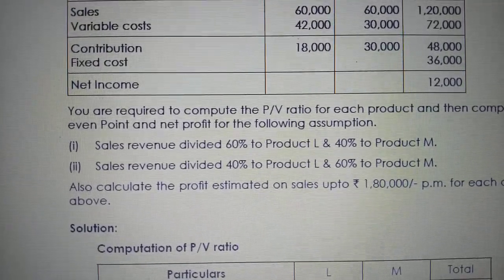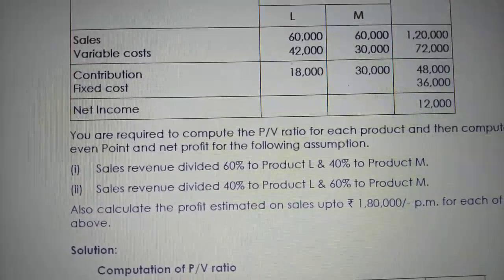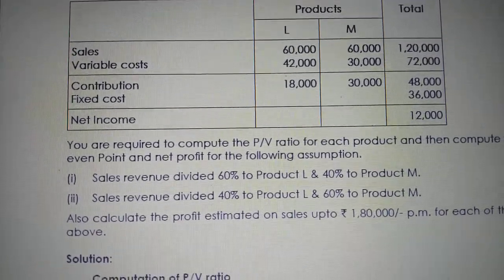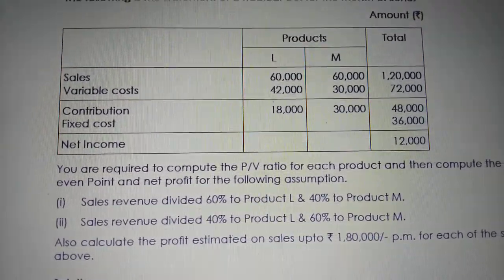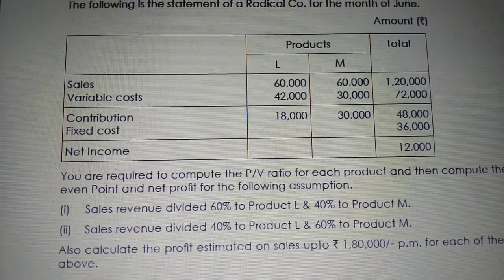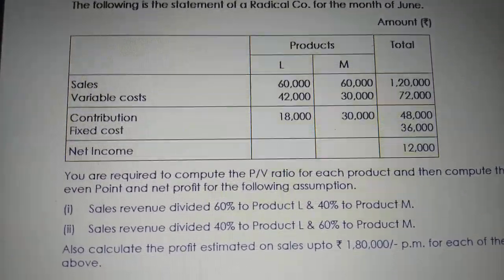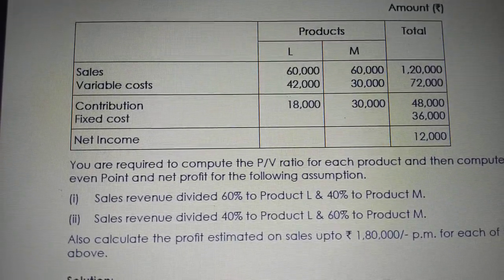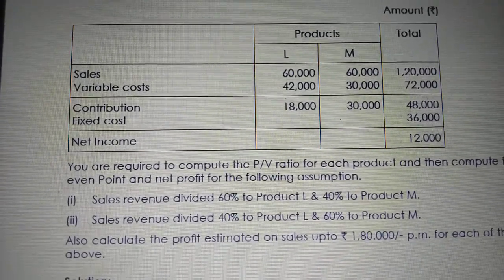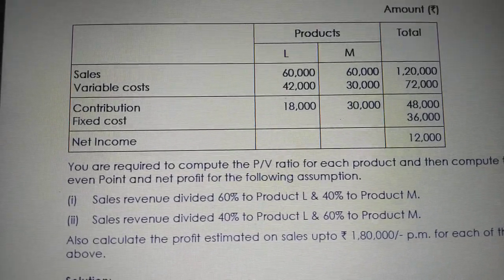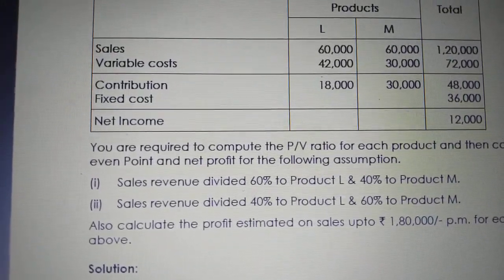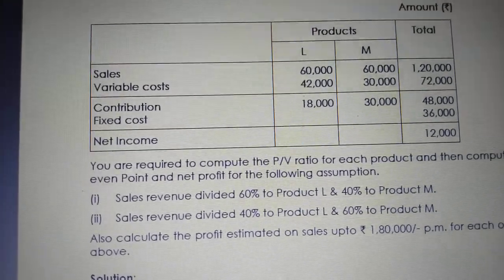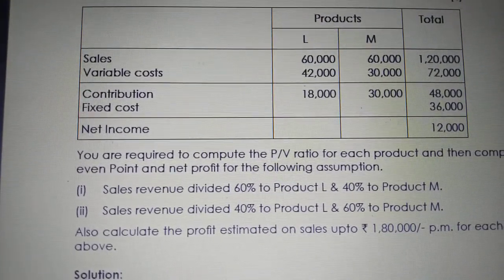What are those assumptions? First point, total sales revenue divided 60% to product L and 40% to product M. Total sales is 1,20,000, correct? They are changing the proportion now: 60% for product L and 40% for product M. Next, point number 2, sales revenue divided 40% to product L and 60% to product M. Now they changed it reversely.